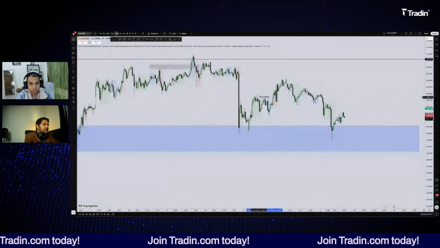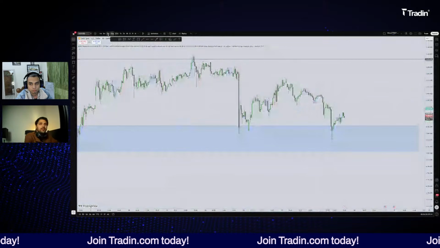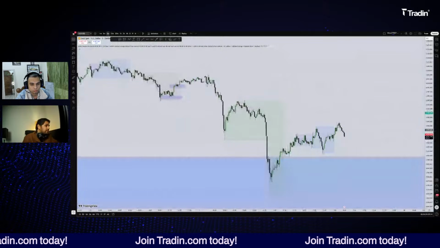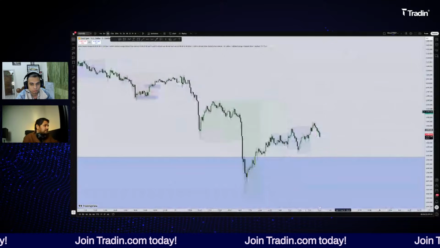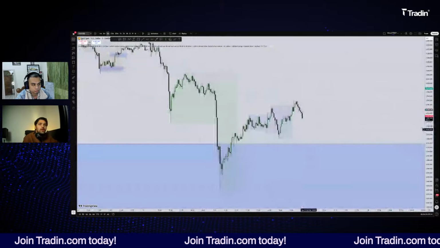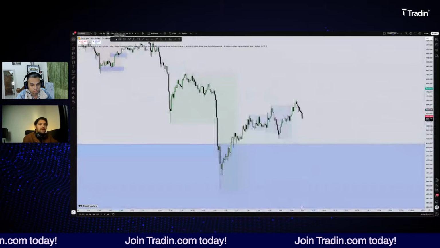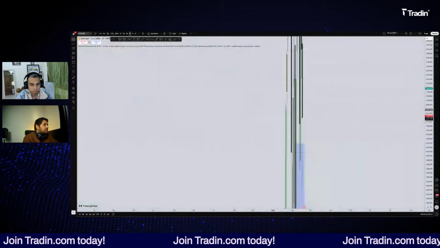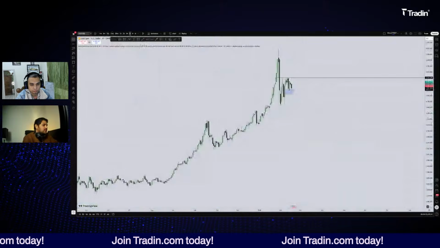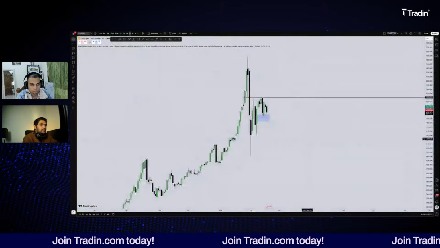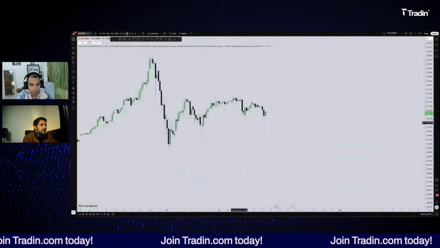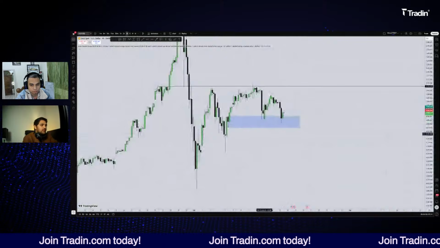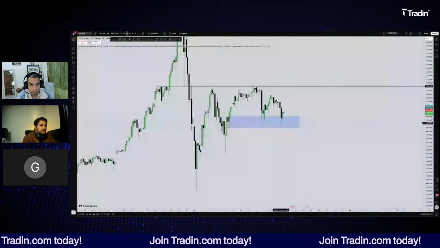Let's look at where the price is and what it's doing now. Let's start from the daily. The daily time frame is bearish as of now. If I look at the forward candle, I can see that it dropped into this demand zone.